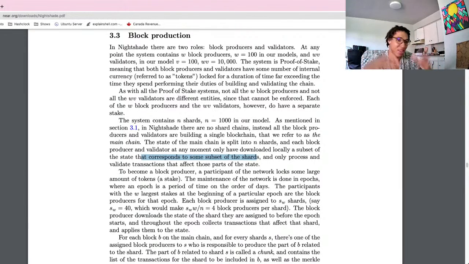It's kind of how Ethereum would be with a beacon chain keeping things going, and then each city is its own shard, and they can connect to the beacon chain, but can't connect to each other yet. In this, it seems more like everyone lives in one city, but within their own dimension, and you only care about your own state, or each node only cares about the state that it needs to care about. And it only processes and validates transactions that affect those parts of the state.